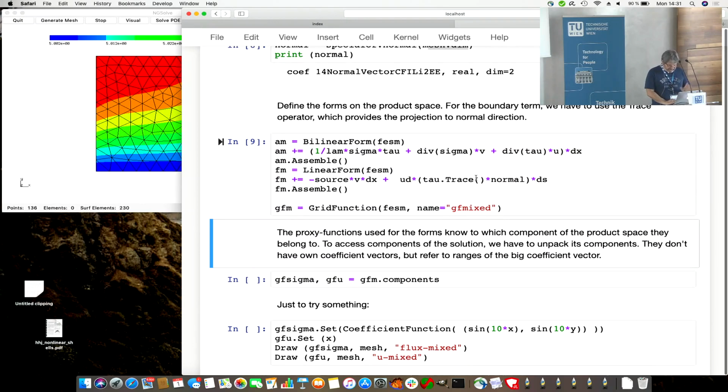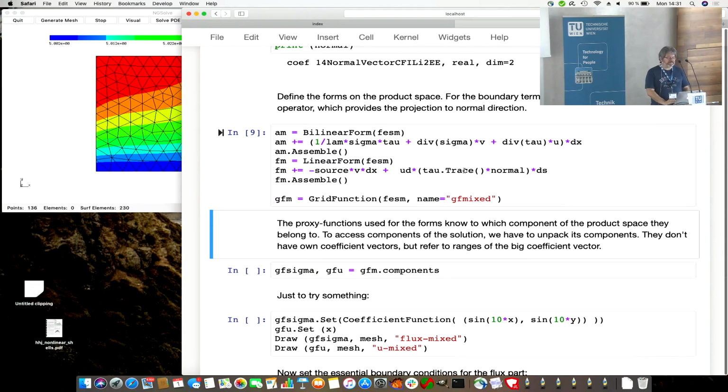Okay, this was a design decision how to access the boundary values of the HDiv function. One could just, no, it's not implemented this way, but could implement it just by saying tau times normal, and everyone would expect that we take the full tau, or if we just access tau, one would have the full function of the domain at the boundary.